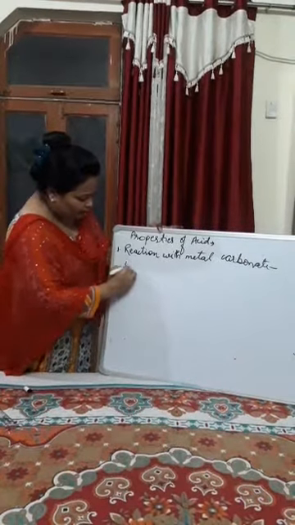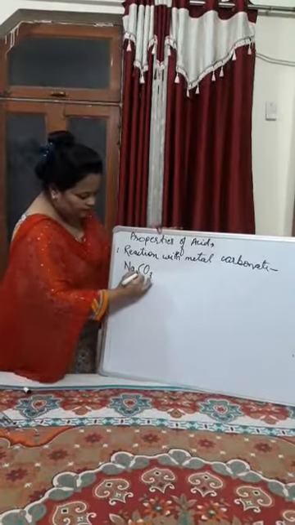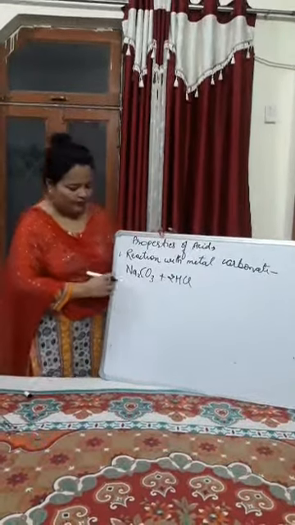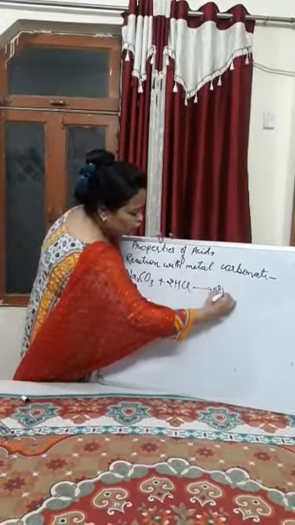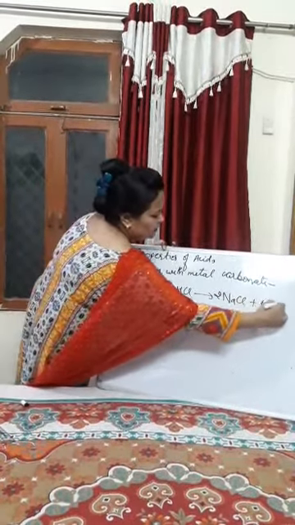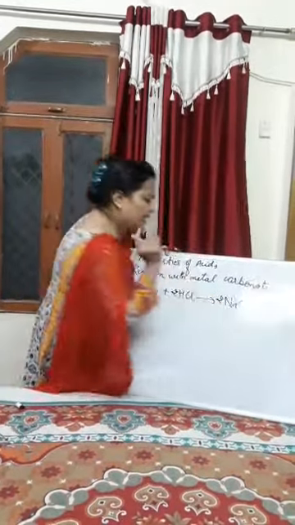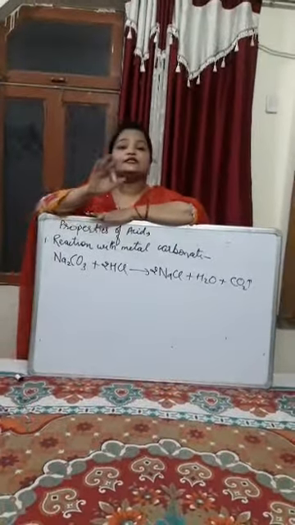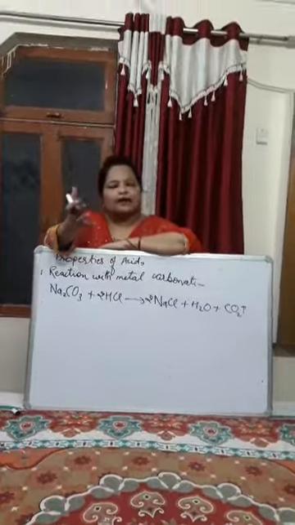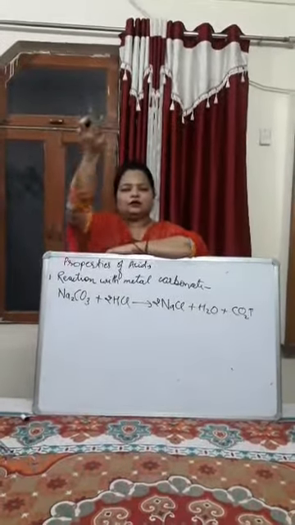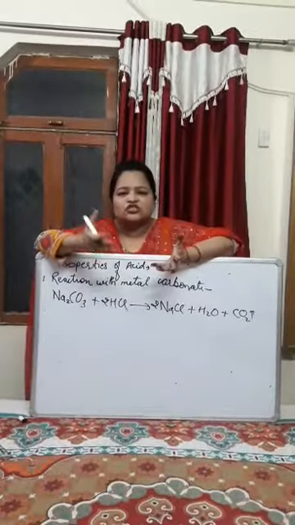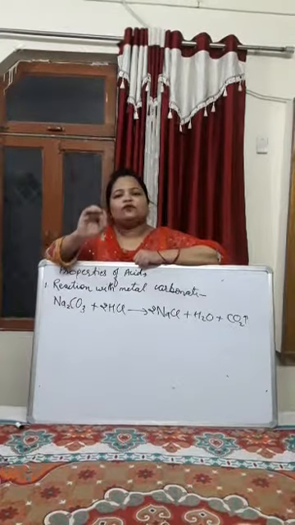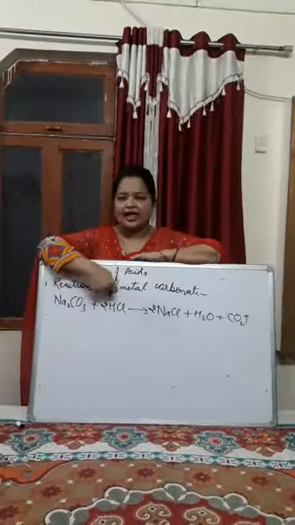For example, when Na2CO3 reacts with HCl. ठीक है, Na2CO3 sodium carbonate, when it reacts with acid, it forms 2NaCl plus water and liberates carbon dioxide. जब कभी भी आप किसी भी मेटल कार्बोनेट में एसिड डालोगे, इट प्रोड्यूसेस ब्रिस्क एफर्वेसेंस ऑफ कार्बन डाइऑक्साइड. ब्रिस्क का मतलब कि जब भी कार्बन डाइऑक्साइड रिलीज होती है, इट कम्स आउट विद अ झाग. थोड़ी सी आवाज के साथ ऐसे करके रिलीज होती है. जैसे आप कोल्ड ड्रिंक खोलते हो तो फिज निकलती है, सेम टाइप ऑफ गैस रिलीज व्हेन मेटल कार्बोनेट रिएक्ट्स विद एसिड.